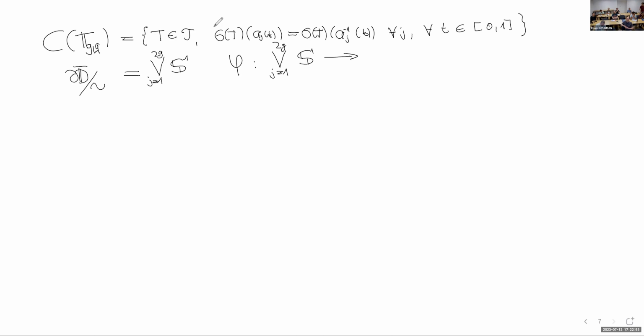So let's call it X2J. That's the number of circles which I define as the union of 1 plus 2J circles. I take S, and what I put in parentheses is the center.